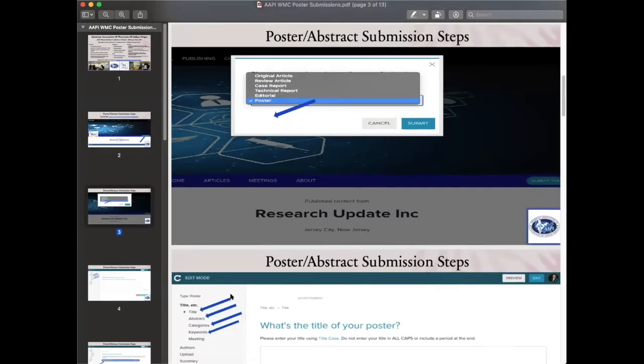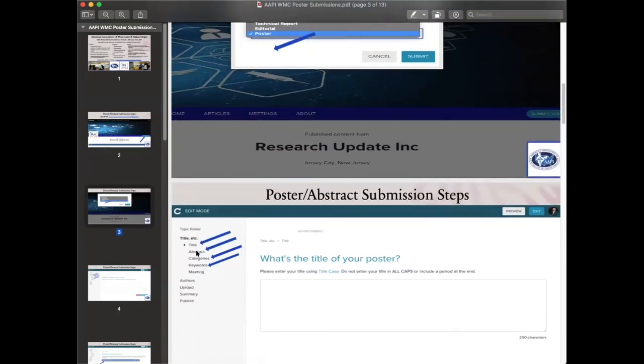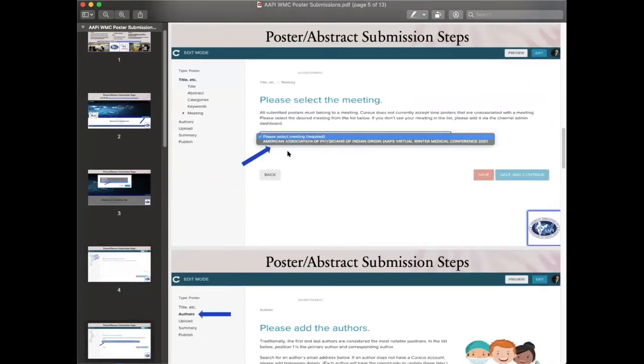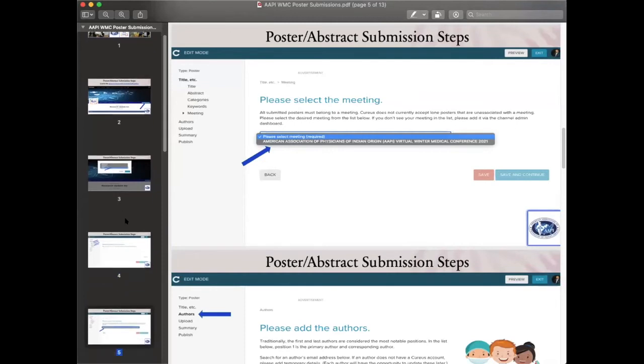You are going to add your title manually, abstract, categories, keywords. And then in the meeting, you are going to choose American Association of Physicians of Indian Origin API Virtual Winter Medical Conference 2021. That is what you are going to choose once your poster is presented there.